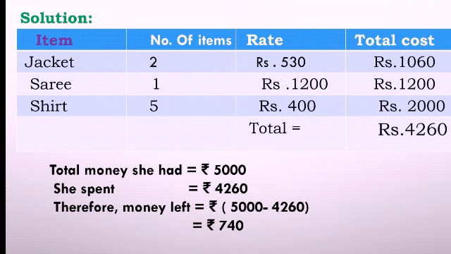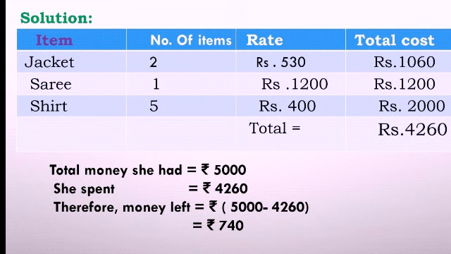Next, sari. One sari she bought, and the cost of the sari is 1200 rupees. So 1 into rupees 1200 equals rupees 1200. This is the cost of the sari. Next one is shirt. She bought 5 shirts, and the cost of each shirt is rupees 400.